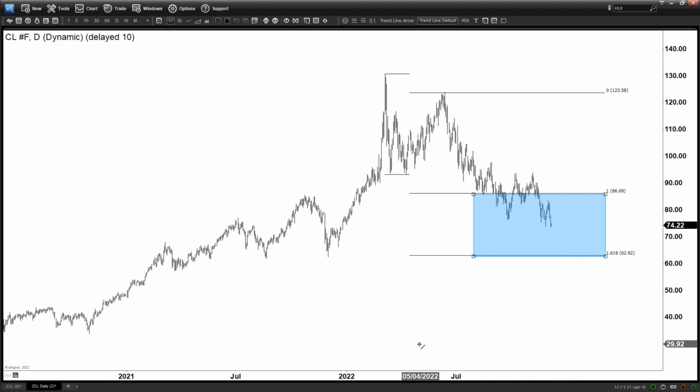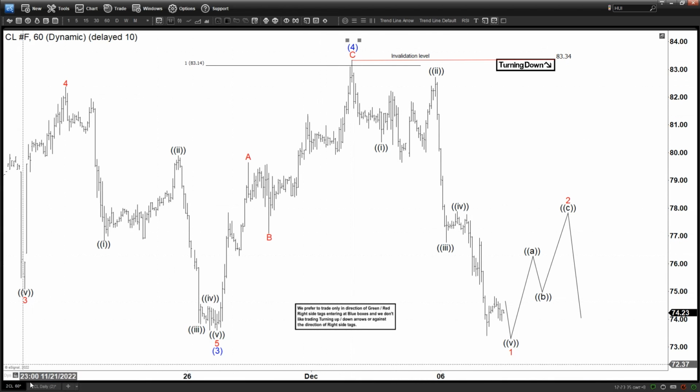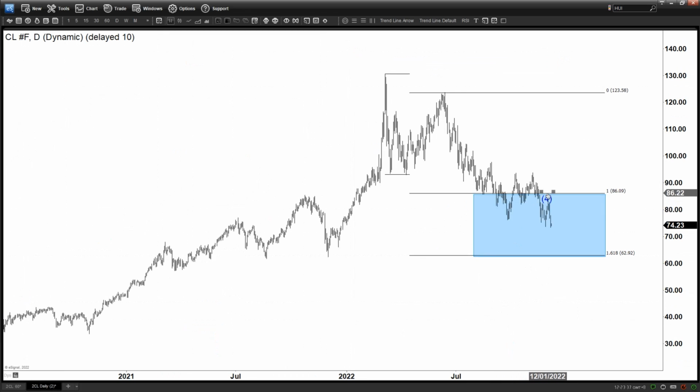Now like I said, if you look at the 1 hour time frame, let's copy 4 and 3 in blue here. This is your 4 and this is your 3, right? So basically we are talking about the cycle that started from this peak here, 1, 2, 3, 4, 5. So it's the end of that move down.